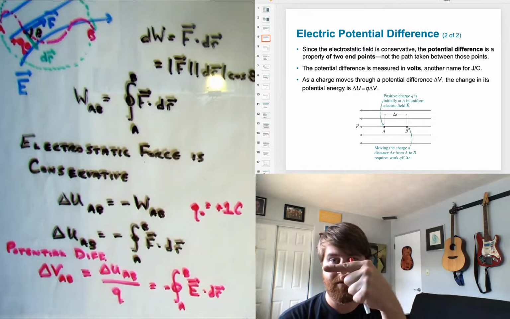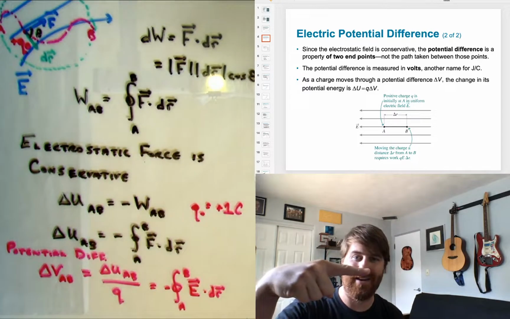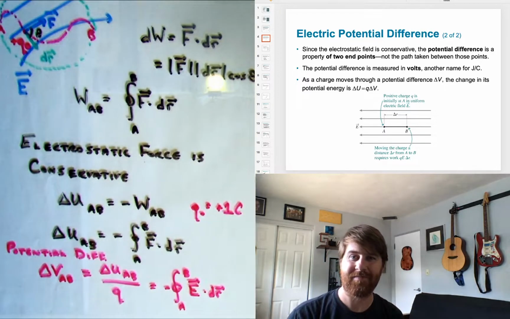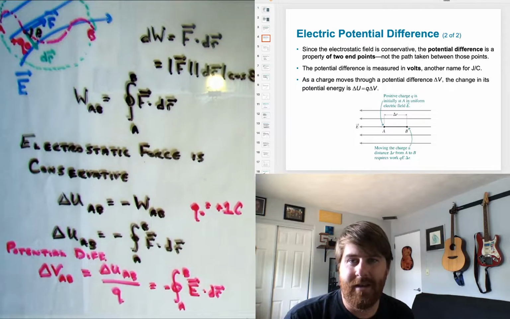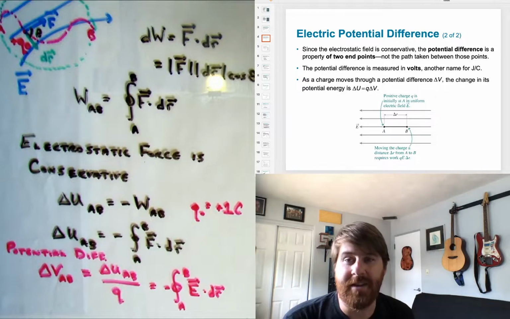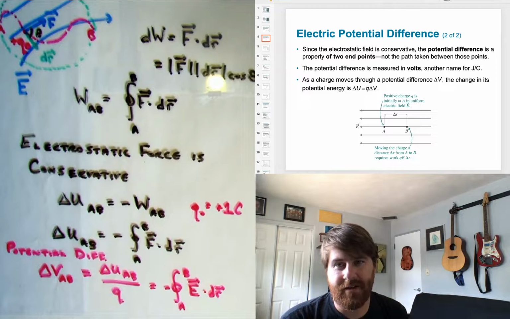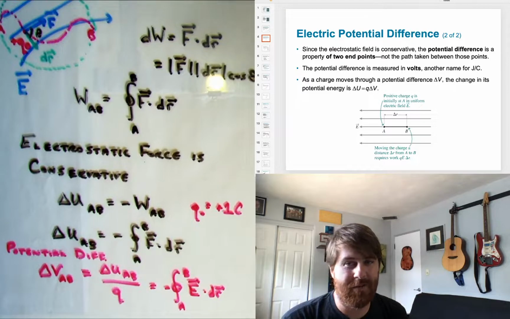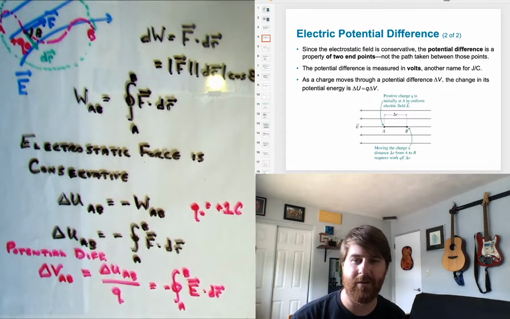So that means the electric field would have done positive work, and we would have decreased the potential energy if we moved a negative charge from A to B. Okay, so you see the difference between the charges and whether I'm storing energy or I'm losing energy.